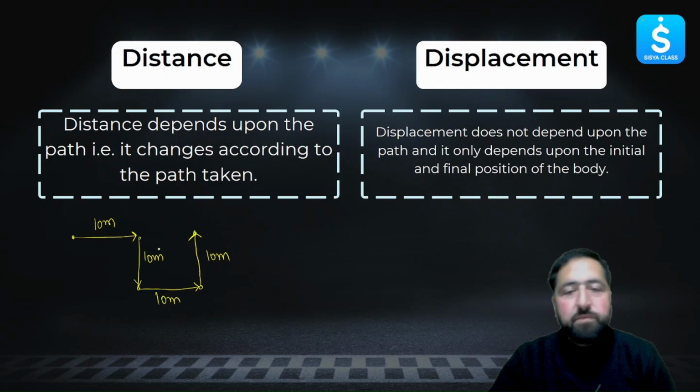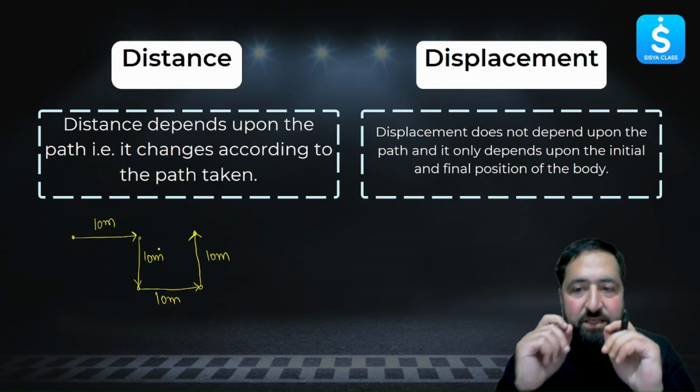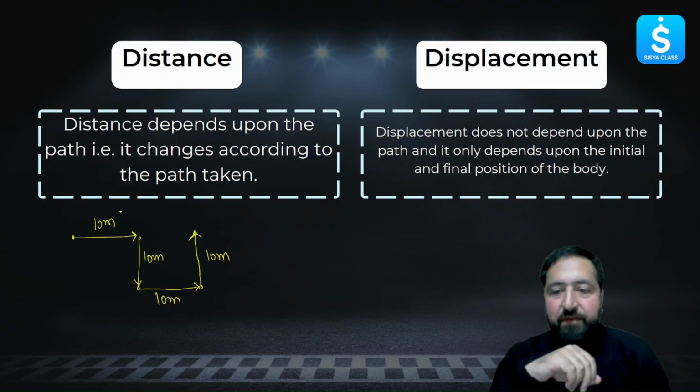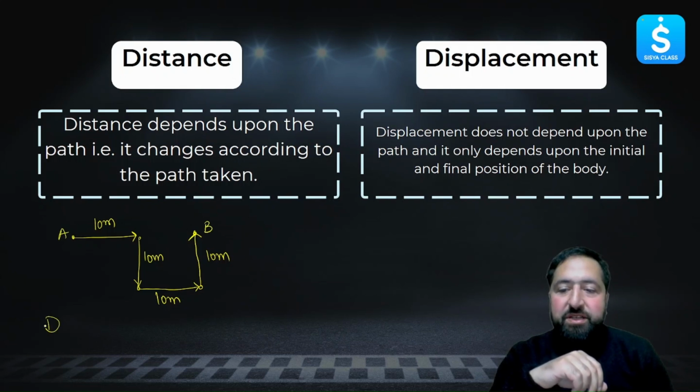Now distance depends upon the path which is taken. For example, I'm taking this path right now, between point A and point B. What will be the distance between point A and point B? It will be 10 plus 10 plus 10 plus 10, that means 40 meters.